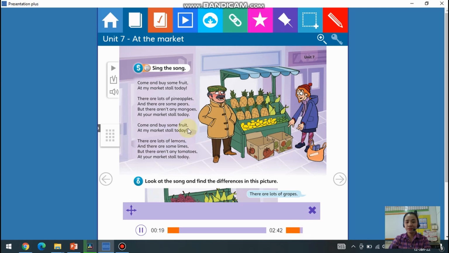Come and buy some fruit at my market stall today. There are lots of pineapples and there are some pears, but there aren't any mangoes at your market stall today.